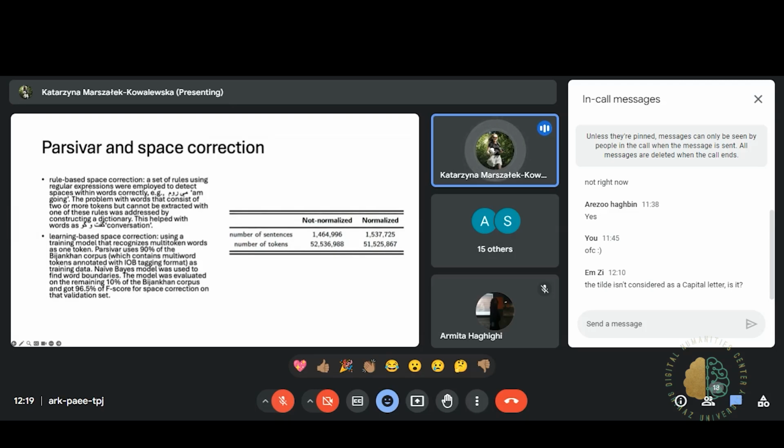And what is important, when the biggest corpus was normalized with that, you can see the difference in the number of sentences and tokens. This is actually really, really huge, more than 1 million in certain cases. So that really can influence your downstream NLP task.